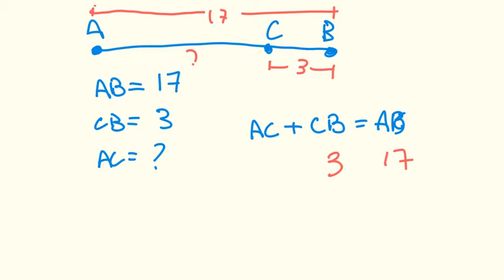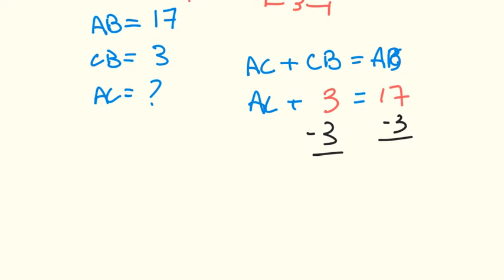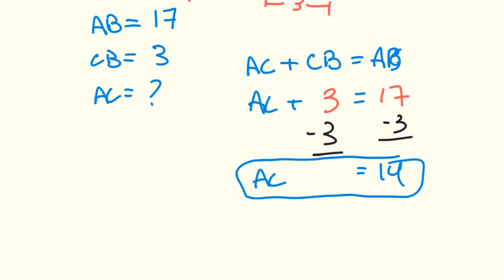And then AC, we don't know that. So AC plus 3 equals 17. I'm going to go ahead and subtract 3 from both sides of this equation. Move everything up a little bit. And we end up with AC equals 14. And we're done.